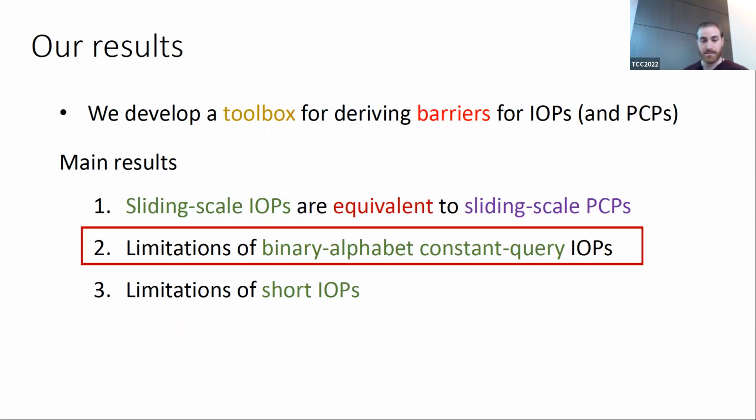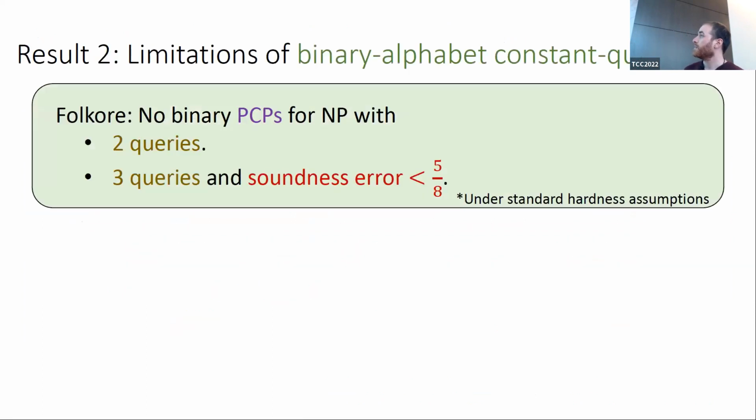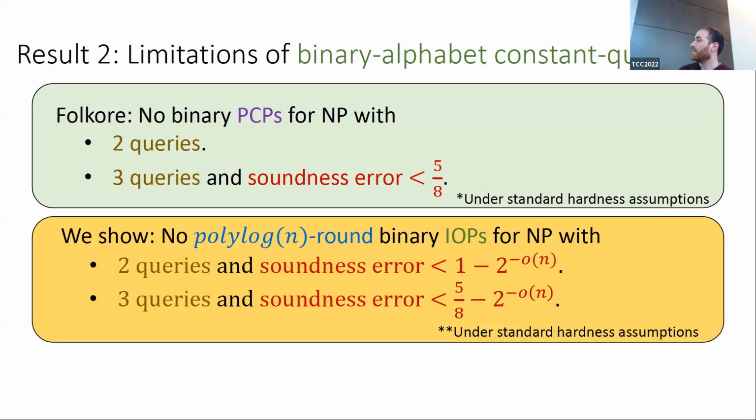So going back to our results, I'll go now to limitations of binary alphabet constant query IOPs. As I said before, there are no binary PCPs for NP with either 2 queries or 3 queries and soundness error that is better than 5/8. And what about IOPs? Will interaction help us? Well, not really. There are no polylog n round binary IOPs for NP with 2 queries and soundness error that's very close to 1, or 3 queries and soundness error that's very close to 5/8.